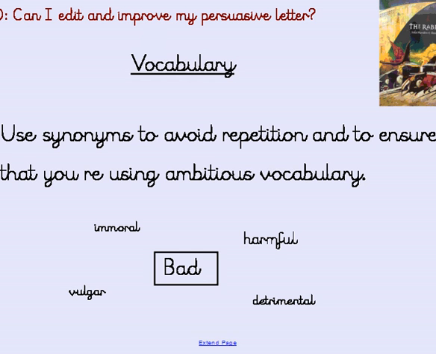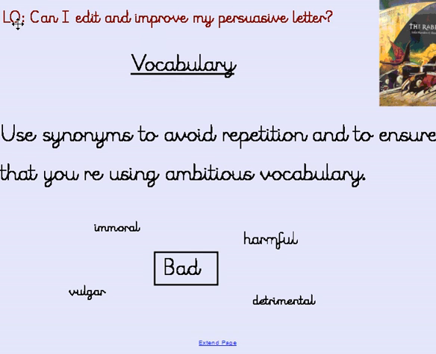Now, the second thing is to do with your vocabulary. So really thinking, if you're talking about these rabbits and the negative things that they've been doing, it could become very repetitive. So make sure you're using really ambitious vocabulary and avoid repetition. So an example below is if you've used the word bad, okay, you could be using words like immoral, vulgar, detrimental, harmful.